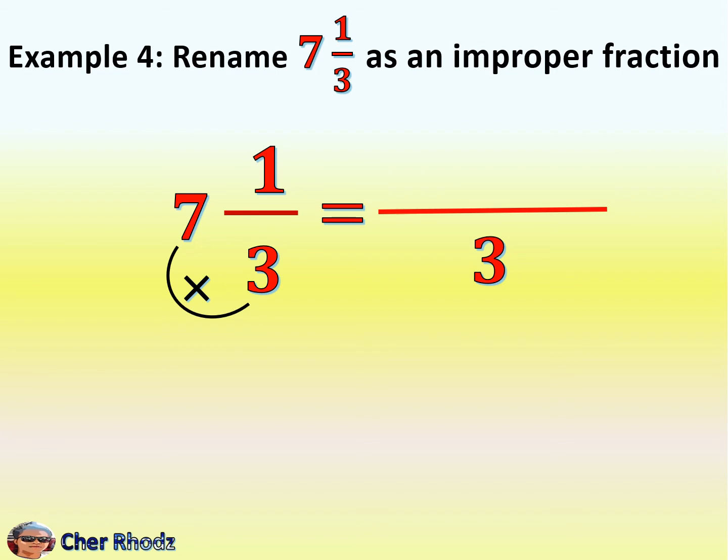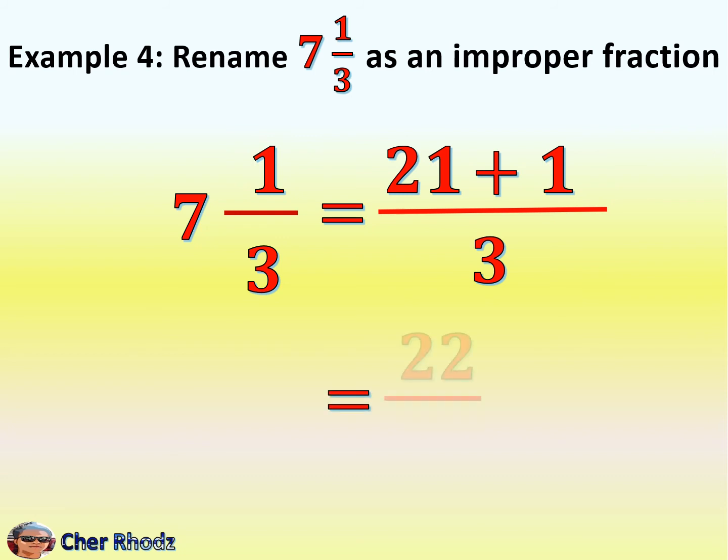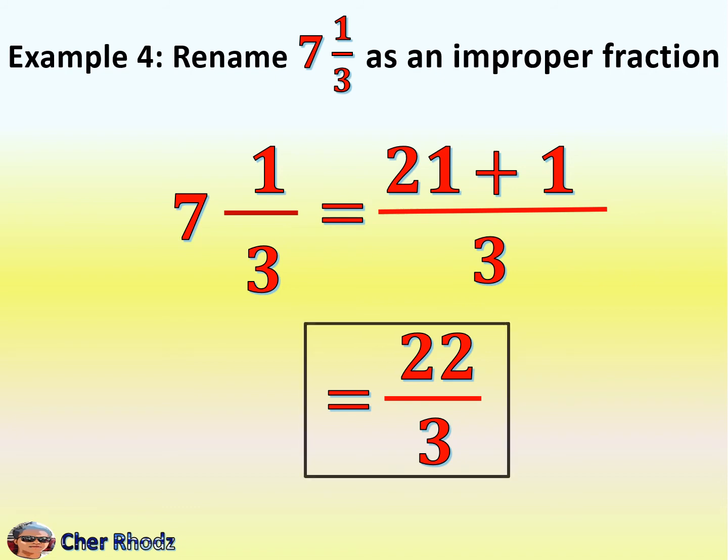So 3 times 7, the result is 21. And let's add the numerator, which is 1. Performing it, 21 plus 1, the result is 22. Copy the denominator 3. Therefore, 7 and 1/3 is equal to 22 over 3.